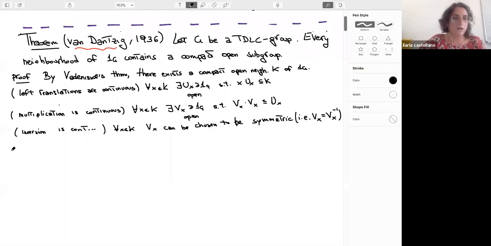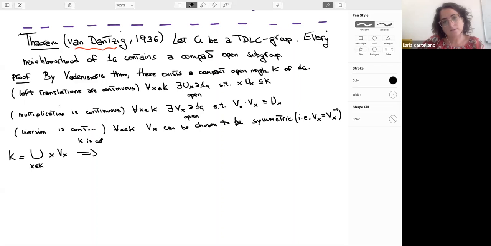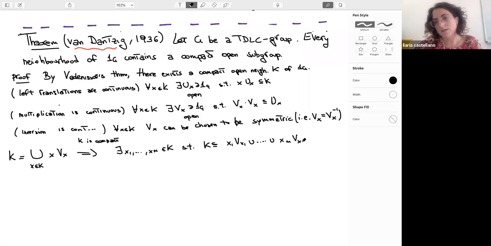Okay, now let's have a look at K. K can be written as a union, running over all possible elements in K, of the sets xV_x. But K is compact, so we obtain that there exist finitely many x_1, ..., x_n in K, such that K is covered by x_1V_{x_1}, and so on up to x_nV_{x_n}.